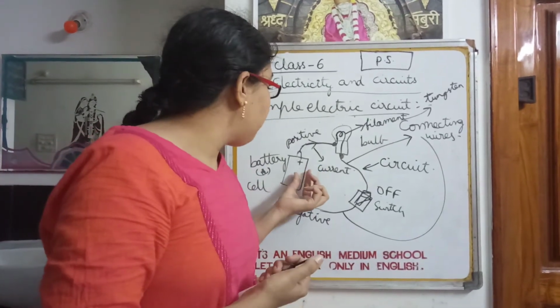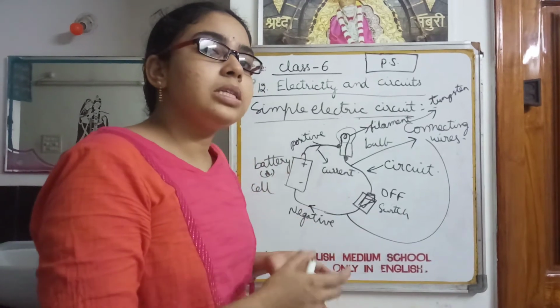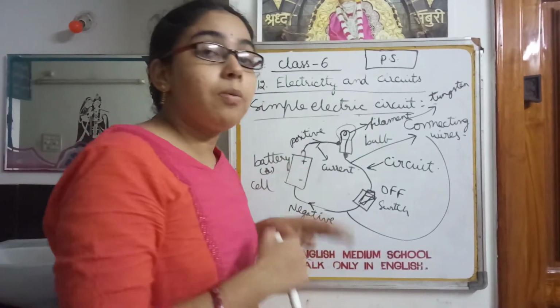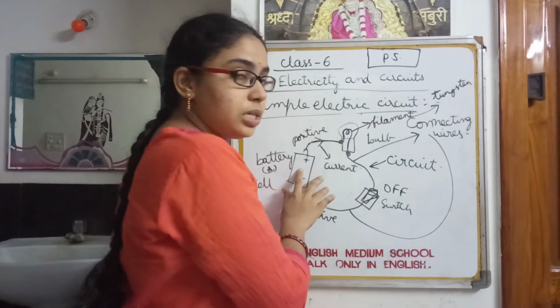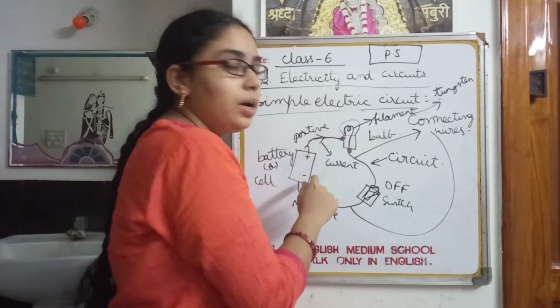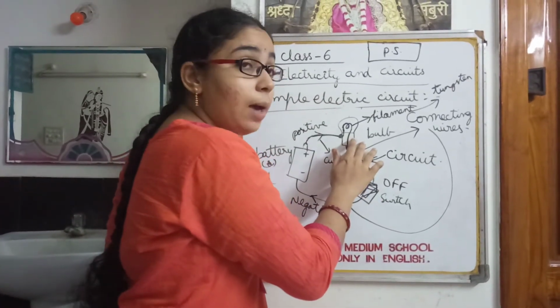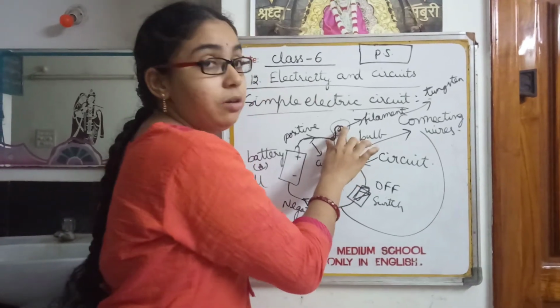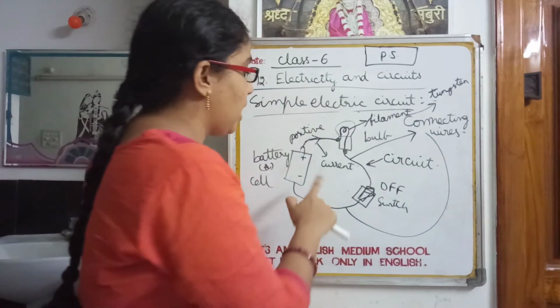Between those chemicals some chemical reactions take place, and because of these chemical reactions the battery can provide electrical energy. So in the battery chemical energy is converted into electrical energy, which is given to the bulb through the wires. And in the bulb, electrical energy is converted into light energy. Such energy conversion takes place.